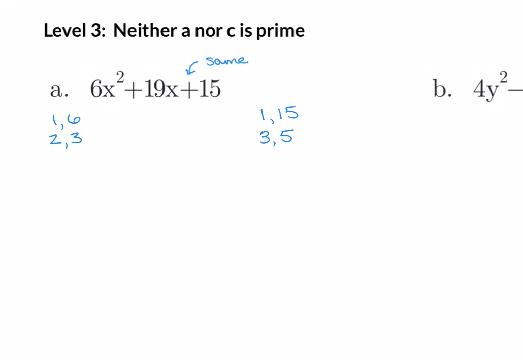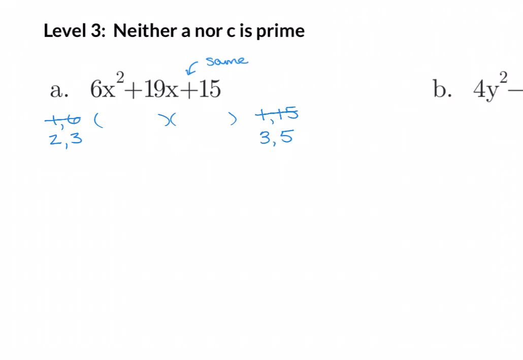With that in mind, I think that we can rule out our extremes. I don't think I want to go with 1 and 6 or with 1 and 15 on this one. So let's go ahead and start with our smaller numbers and see what happens.